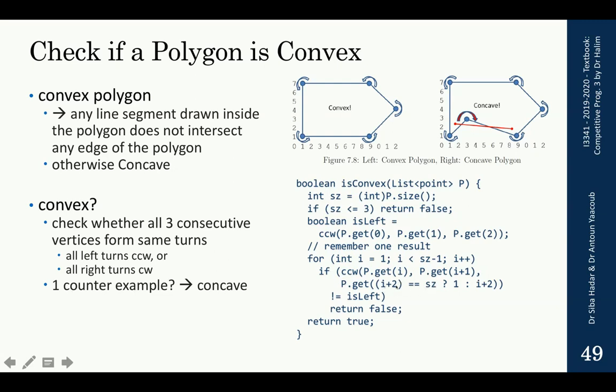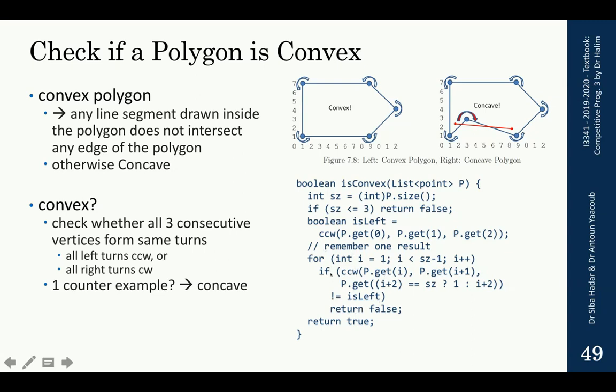If I am at the point before the last, i plus 2 does not exist, so I have to do the modulo. I go back to 1. Okay, and if I find one counterexample, I return false directly.